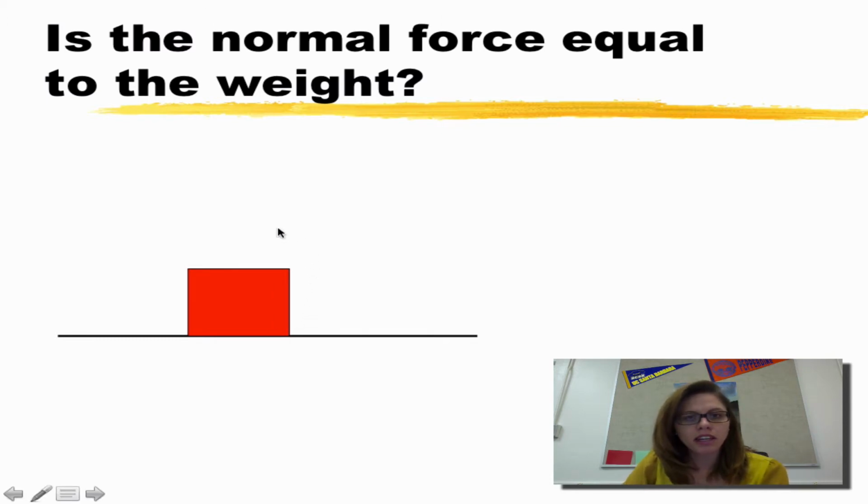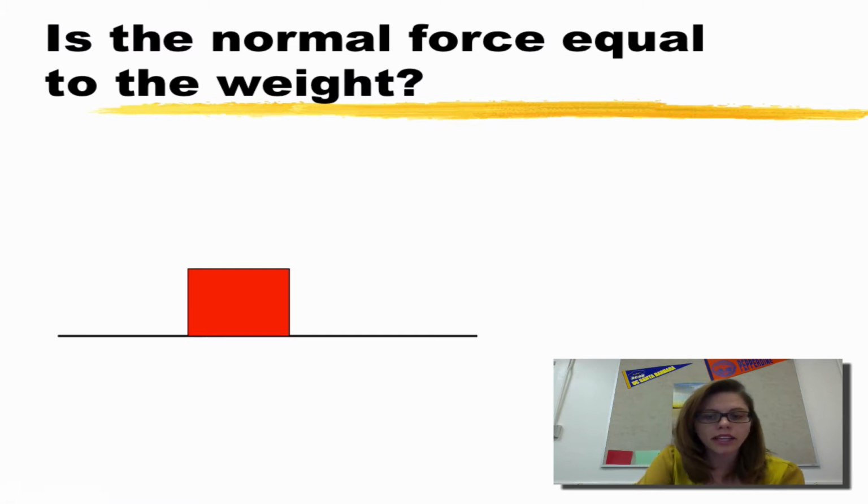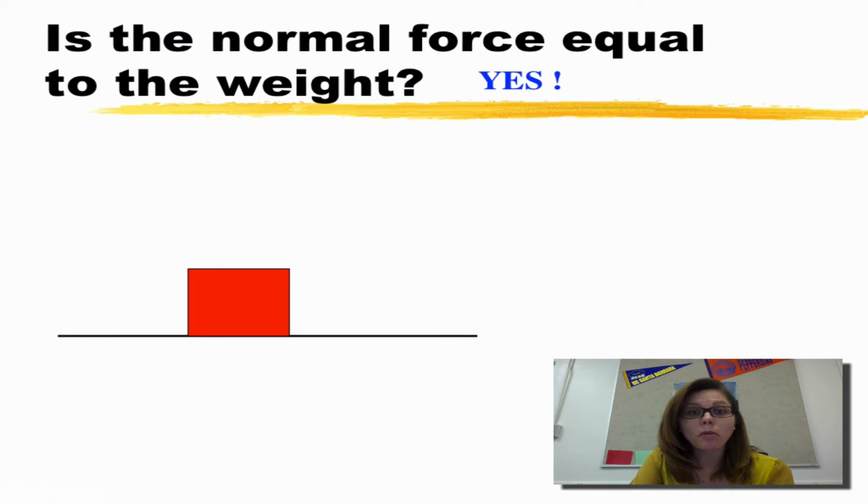We have a box that's right here on a flat surface, and my question for you is, is the normal force equal to the weight? I hope you said yes.